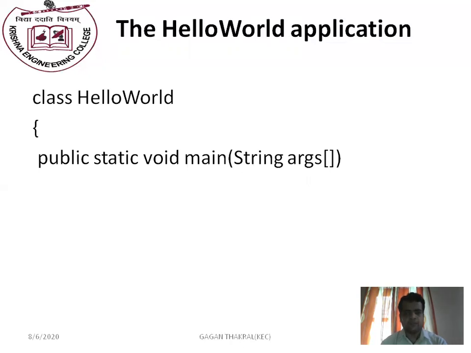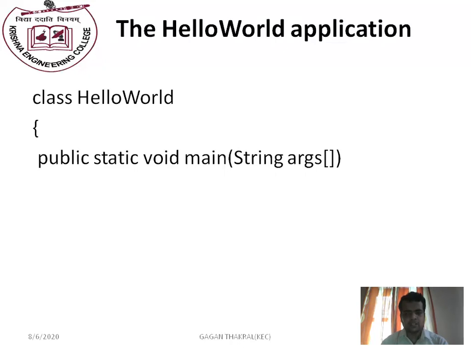Main is the name of the main function, and it accepts a string type array to accept the command line arguments, which are passed with the help of the Java interpreter.